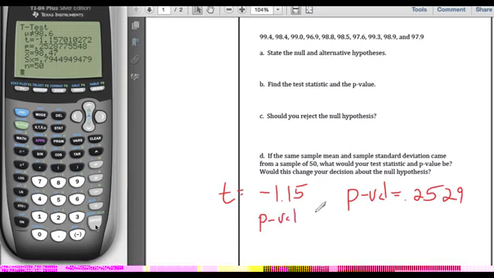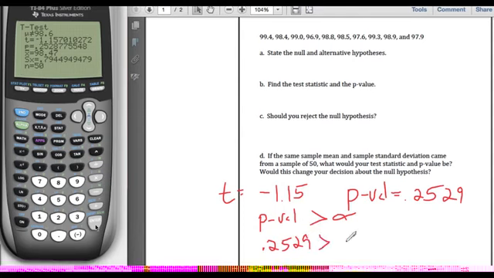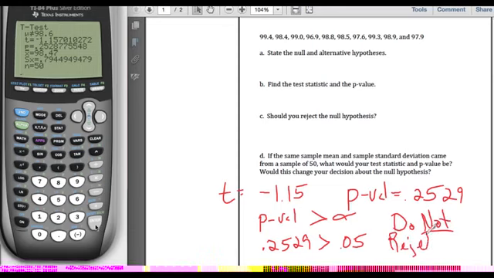Still, my p-value is greater than my significance level. 0.2529 is greater than 0.05. We're talking 25% compared to 5%, so it's still the same decision about the null. Do not reject H0.